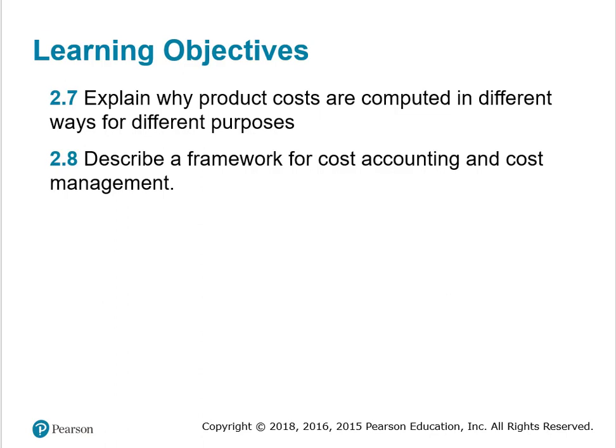Then a little caveat to be careful about interpreting unit costs, because unit costs can include fixed costs. Then we distinguished inventoriable costs from period costs. And finally, we illustrated the flow of inventoriable and period costs and developed a cost of goods manufactured schedule and an income statement, which you want to make sure that you can do.